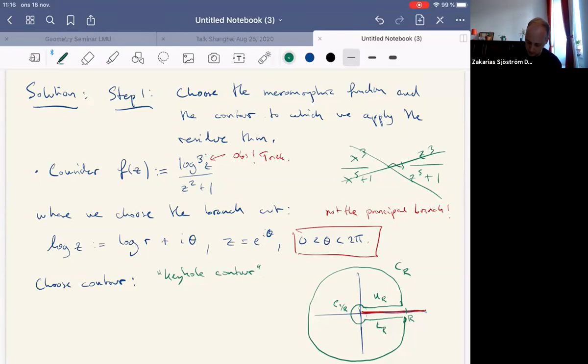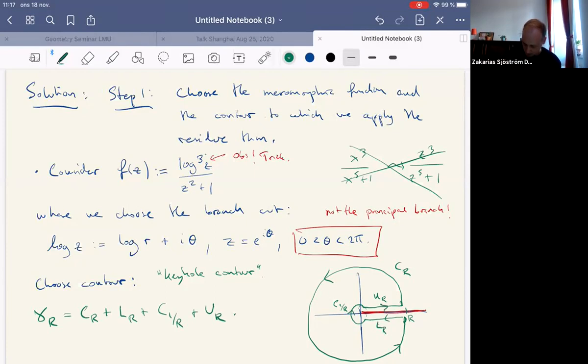So you have these 4 parts, and the contour that you consider is CR plus LR plus C of 1 over R plus UR, where everything is oriented in this direction.